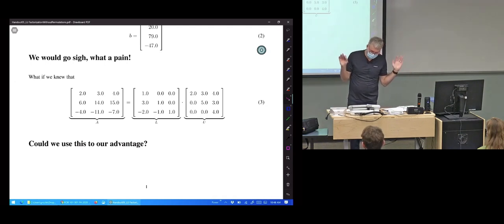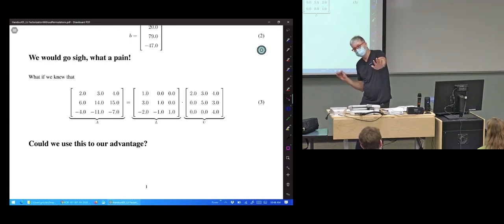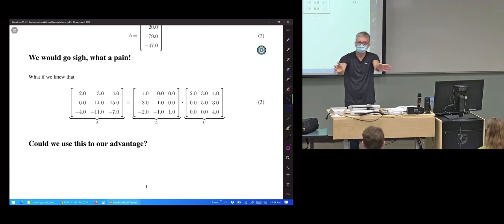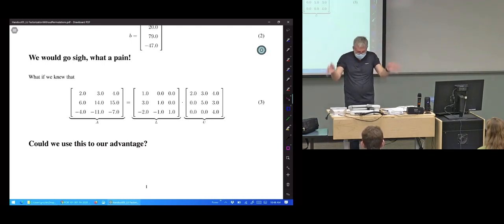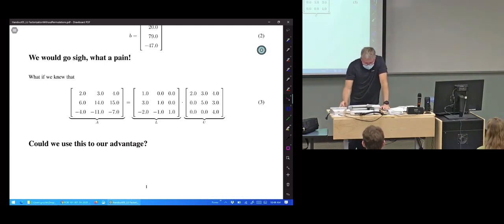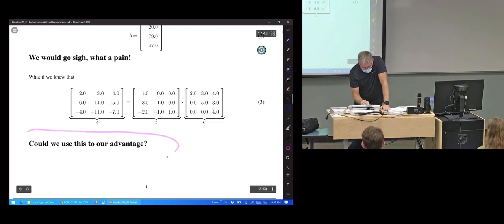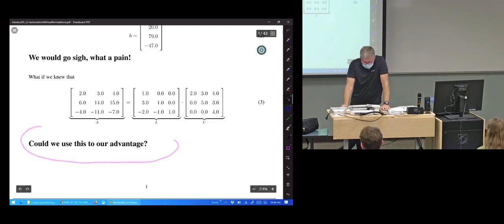It's called LU factorization. They're factors, just like 12 is 3 times 4. I've factored A into a lower and an upper. We don't know if we can do this very often, and the question is, can we use this to our advantage?